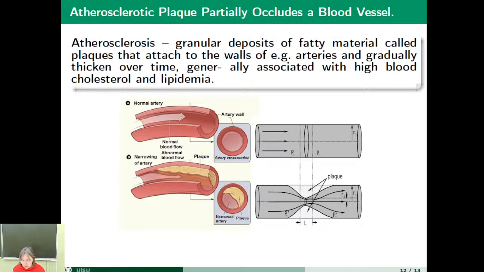Atherosclerosis: granular deposits of fatty material called plaques that attach to the walls of e.g. arteries and gradually thicken over time, generally associated with high blood cholesterol and lipidemia.